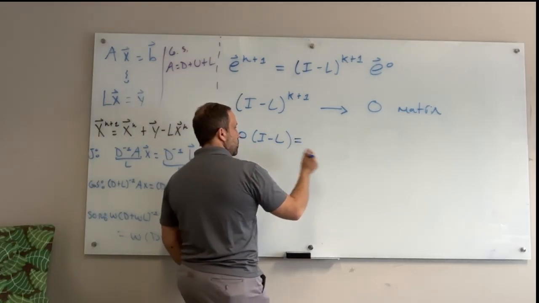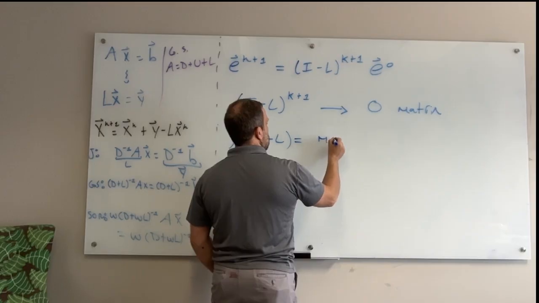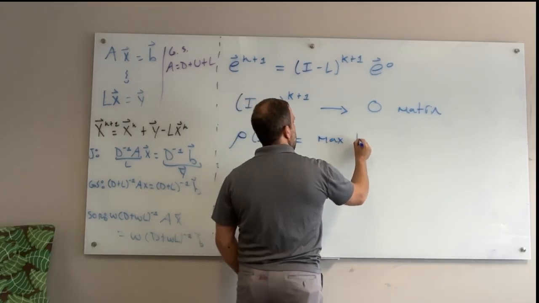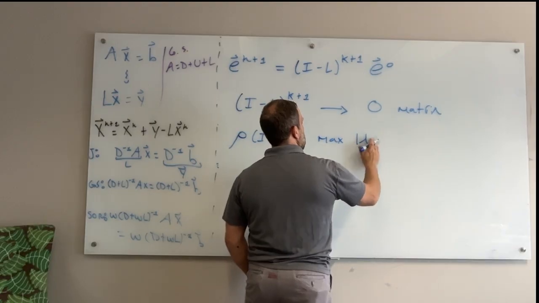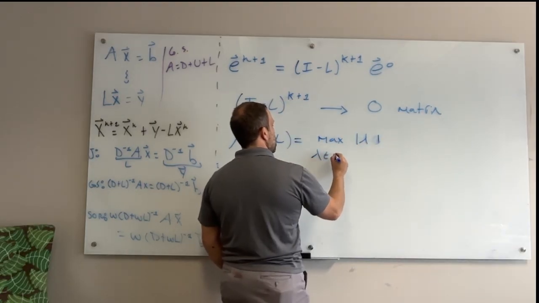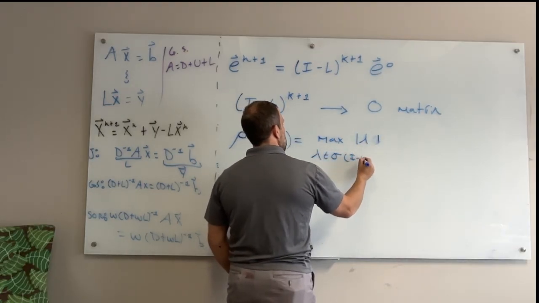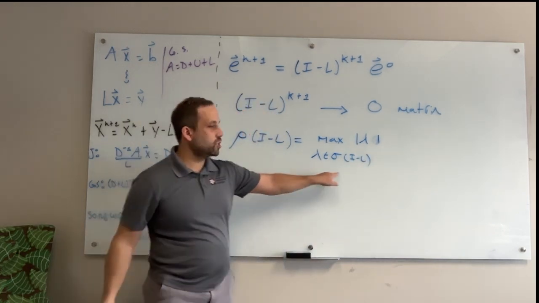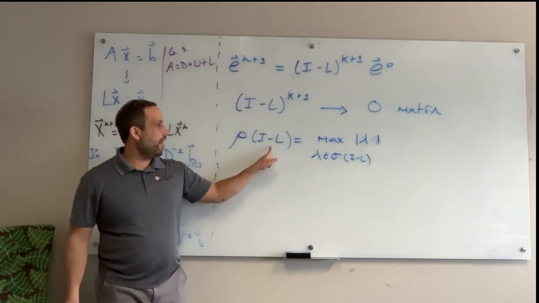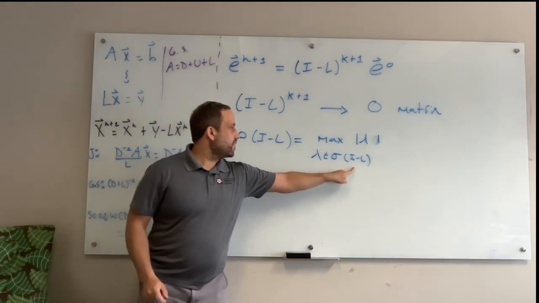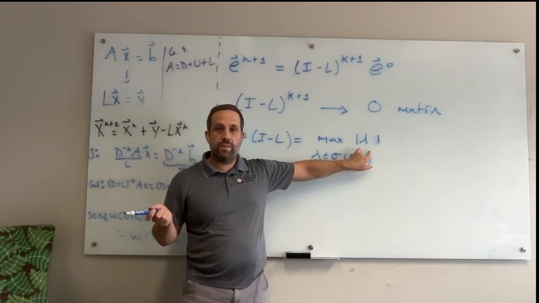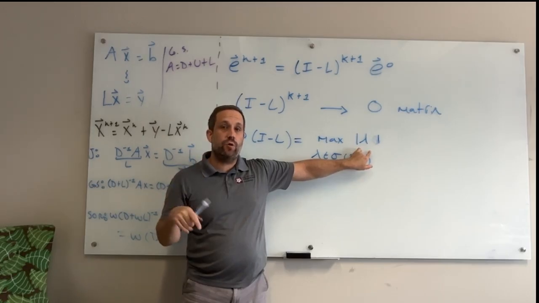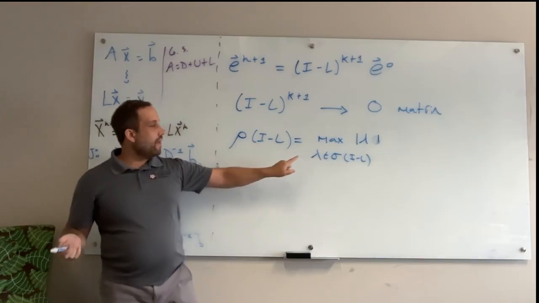This is going to be equal to the maximum of the absolute value, or the modulus, of lambda, where lambda is in the spectrum of I minus L. So the spectrum of I minus L is all of the eigenvalues of this matrix. We look at all of the eigenvalues of this matrix and take the modulus. If it's all real, that's just the absolute value. If we're dealing with complex numbers as well, it's the complex modulus, and then take the maximum.